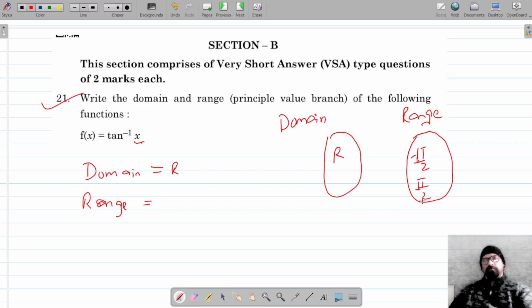That means the range is between negative pi by 2 to pi by 2, and this is an open interval. If we put all real numbers here for x, we will get all the angles between negative pi by 2 and pi by 2, but not pi by 2. Because it is not defined there, it's an open interval, since pi by 2 and negative pi by 2 are not included. So this is our range, minus pi by 2 to pi by 2.